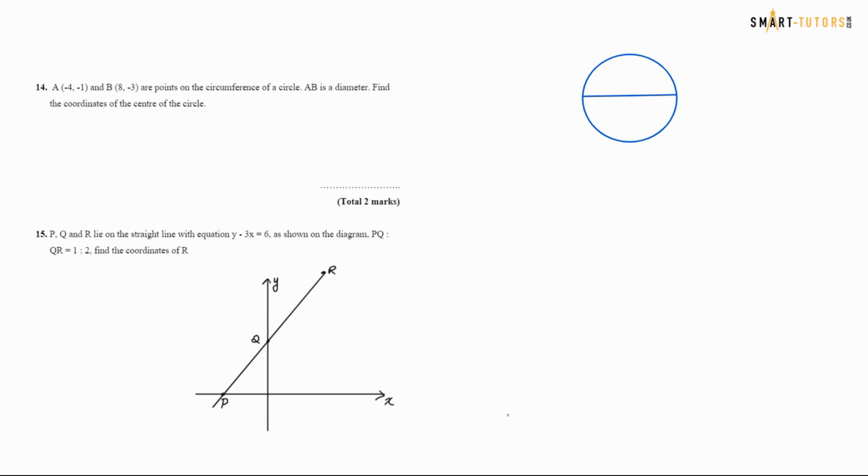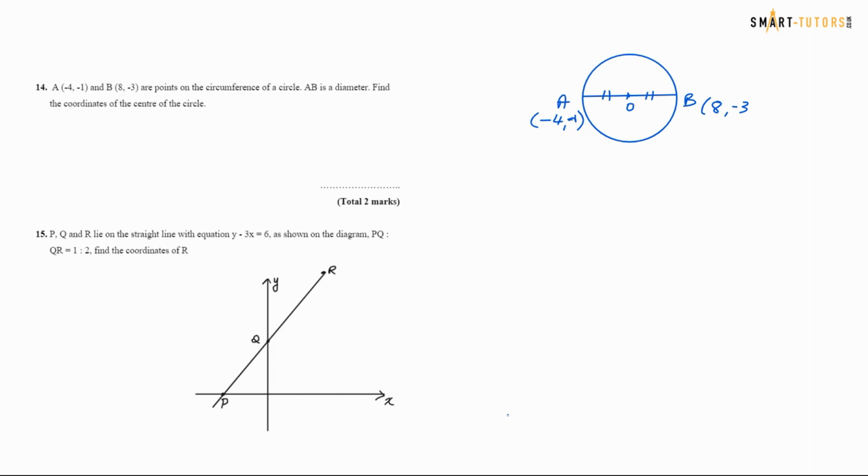So let's put the center point as O. A and B are the ends of the diameter. So A is minus 4 comma minus 1 and B is 8 comma minus 3. So the center point is going to be the midpoint of AB. So we need to add the x coordinates and divide by 2.